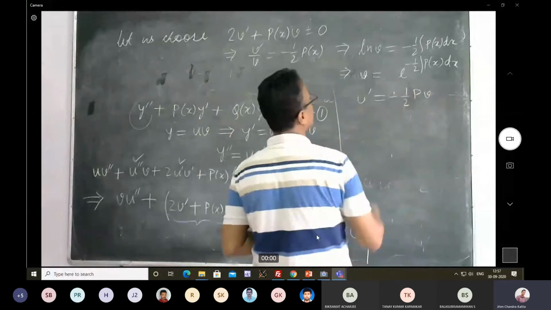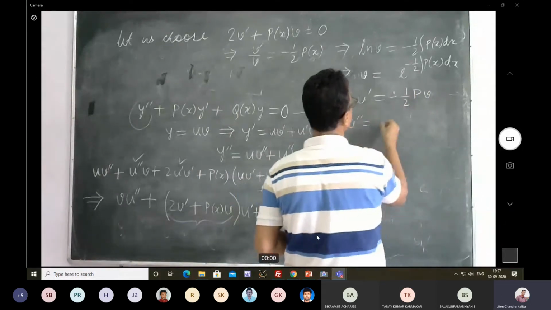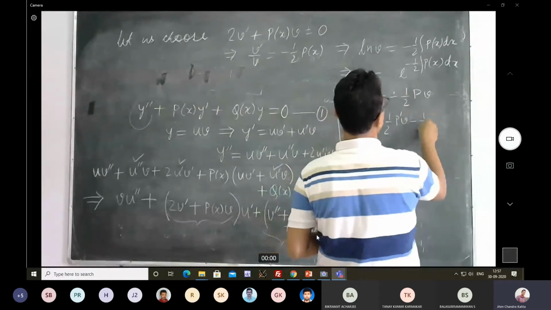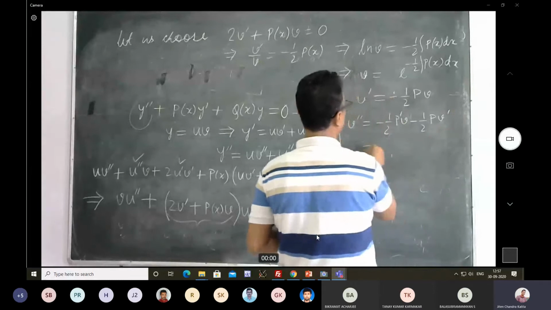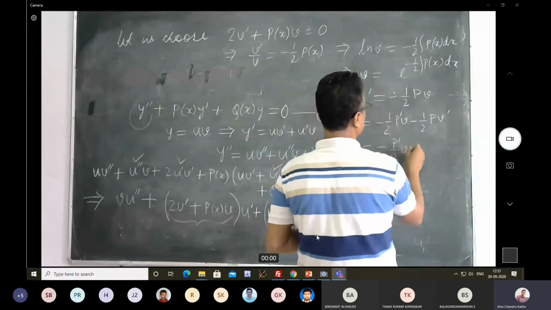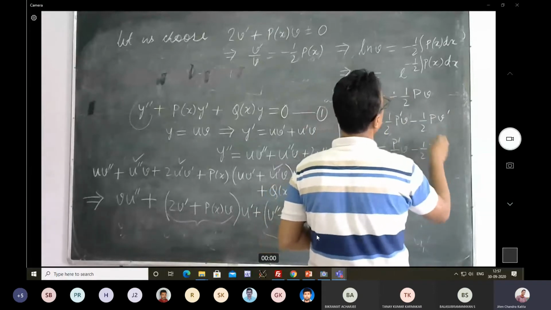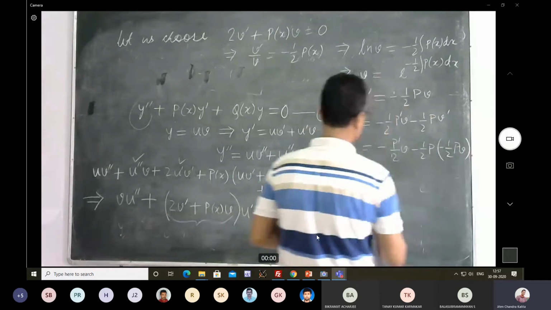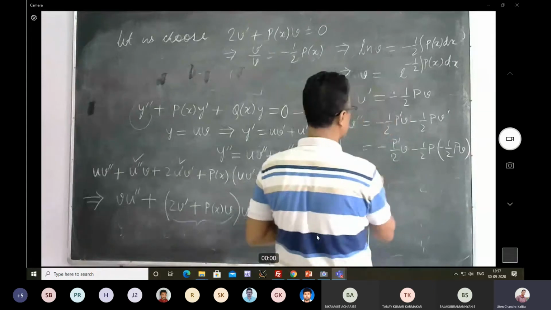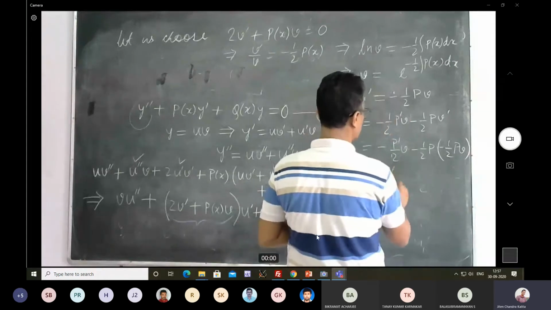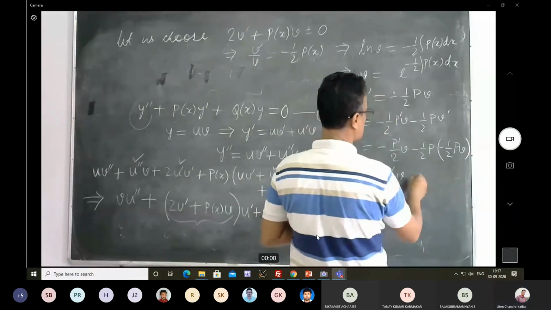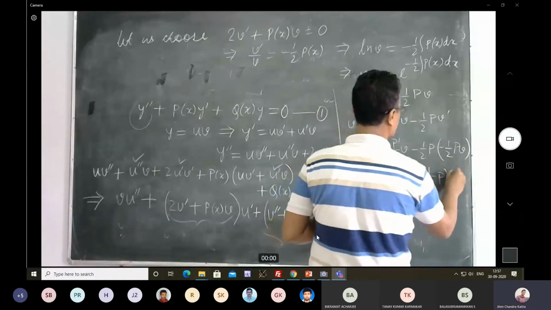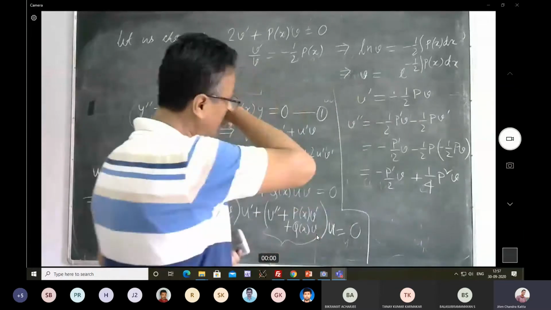And then v double prime is going to be equal to minus half p prime v minus half p v prime, and again minus half p v prime is minus half p times minus half p v, which gives plus one fourth p square v.